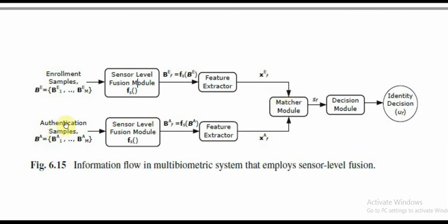Then in the authentication procedure, we have several samples here. Again, we give them to the same sensor level fusion module, and after they are combined in some way, we give these combined samples to the feature extractor, and finally this authentication feature set will be compared with the feature vectors that are saved in the enrollment database.